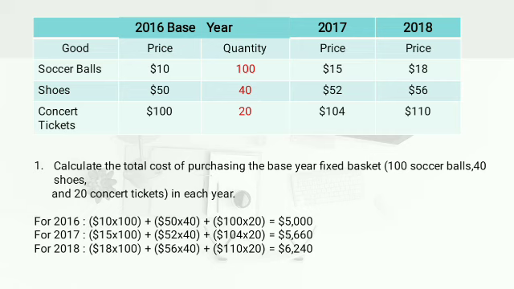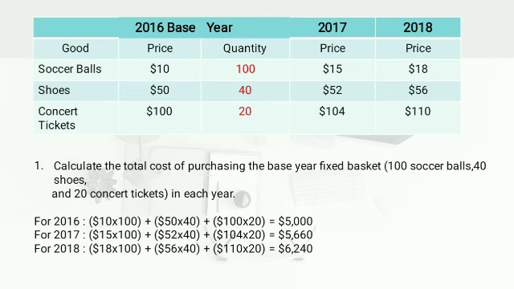For the base year: soccer balls $10 times 100, shoes $50 times 40, and concert tickets $100 times 20.